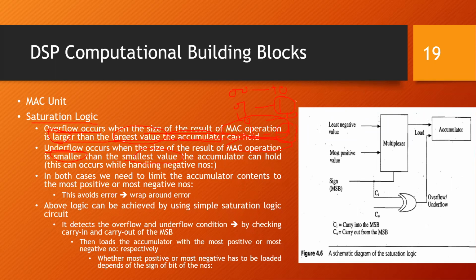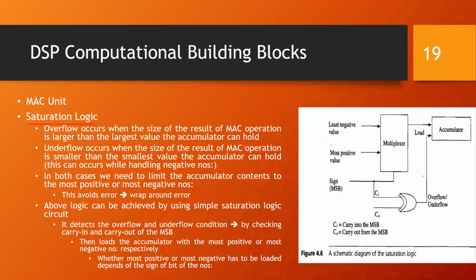If it is larger than the largest value, in terms of signed, it is plus. If it is smaller than the smallest value, that is the smallest negative number that can be stored. This can occur in both signed and unsigned operations. So I have to have some saturation logic.